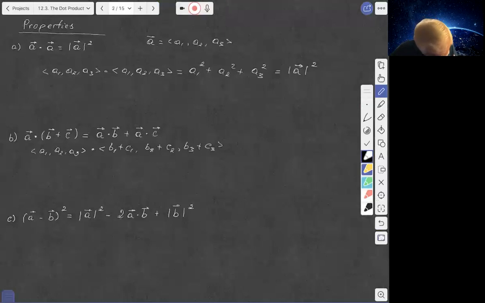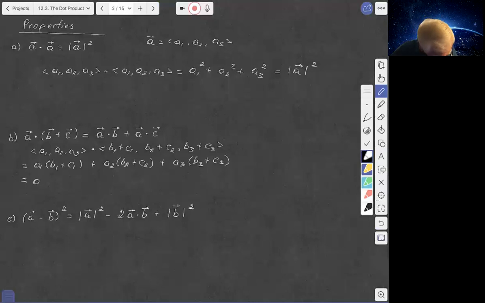Multiplying the expressions, we get A1 times B1 plus C1, plus A2 times B2 plus C2, plus A3 times B3 plus C3. We can distribute, get rid of parentheses, and then regroup.